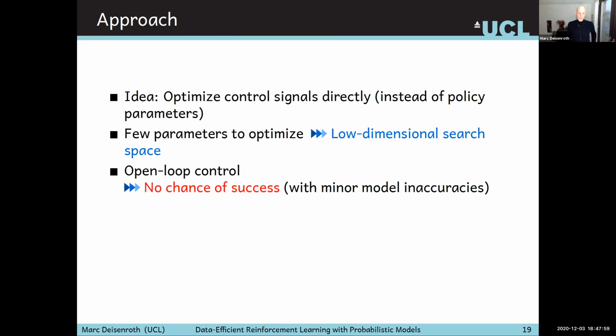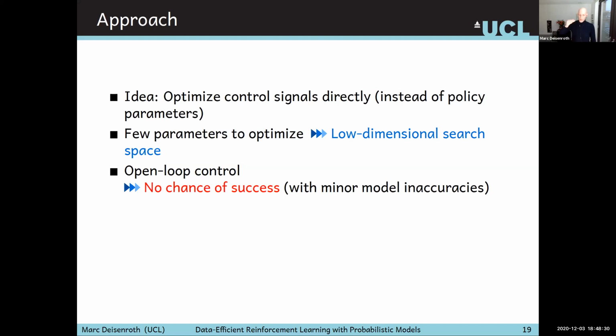So here's the high level idea. We optimize control signals directly, and as I said already, it's a lower dimensional search space, which simplifies the problem. However, if we optimize control signals directly and then just keep applying them independent of what happens, then we solve an open loop control problem, and there's no way to account for predictions that don't quite match reality.